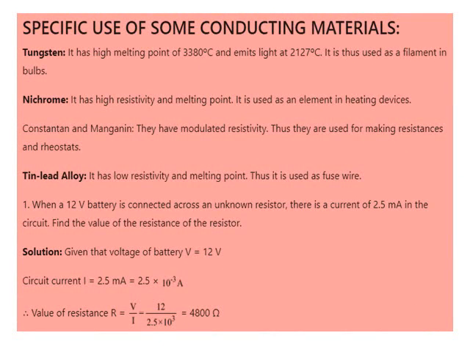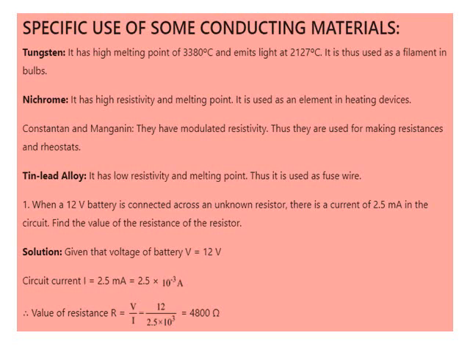This slide gives some of the uses of the conducting materials that we use in our day-to-day life. First, tungsten. It has a high melting point of 3000-odd degrees Celsius and emits light at 2000-odd degrees Celsius. It is thus used as the filament in bulbs.